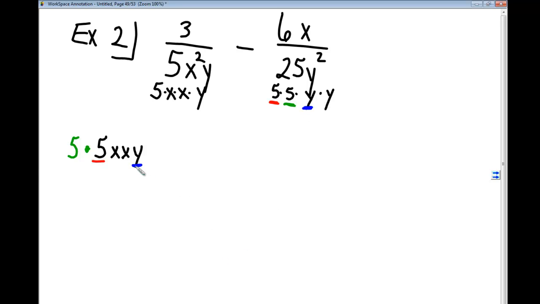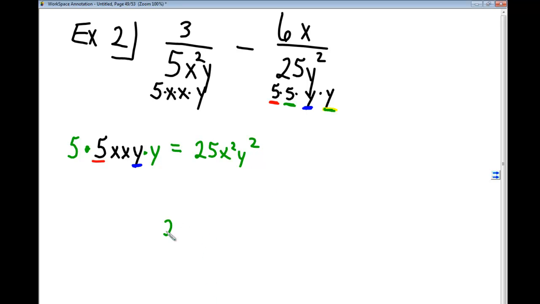There is a y in this expression, so I do not write it down again. Go to the next one. There is a y here, but there's not a y down here, so I need to multiply by y. Our LCD is 25x squared y squared.